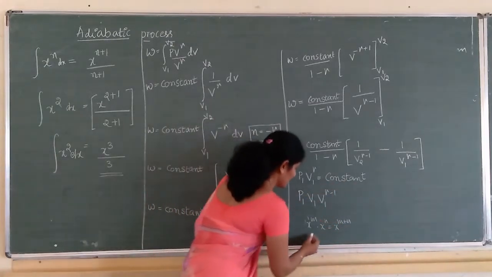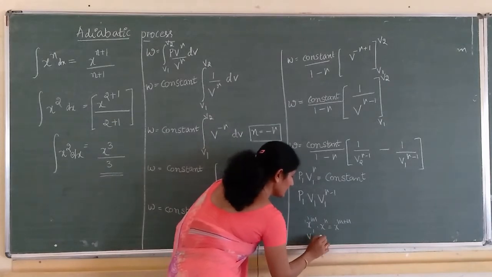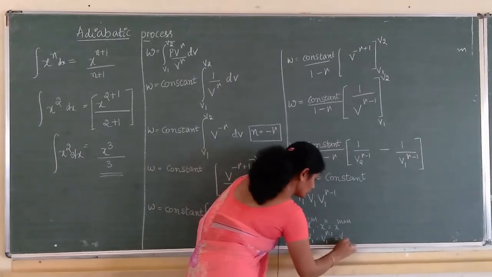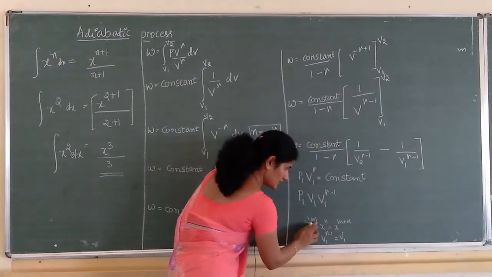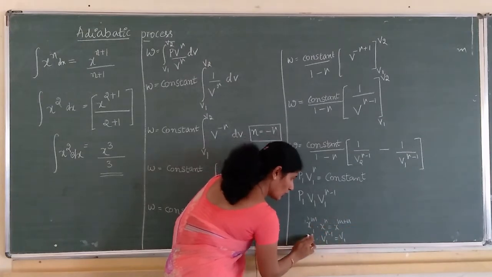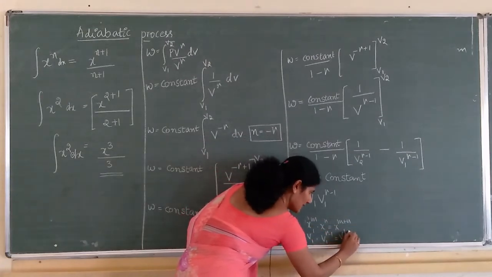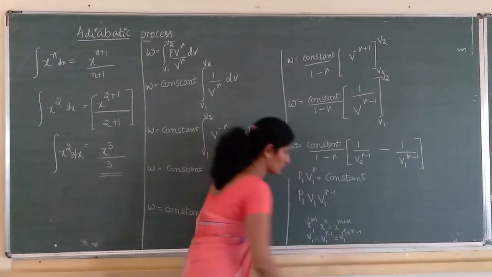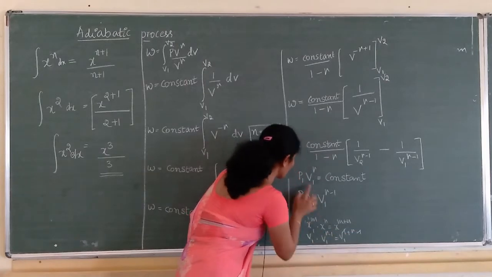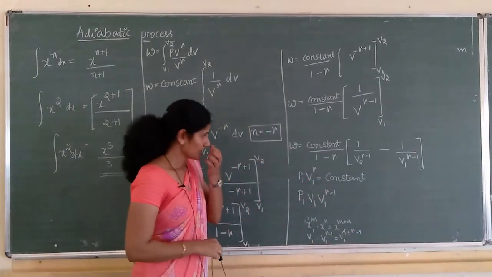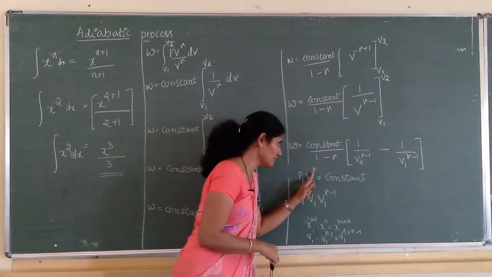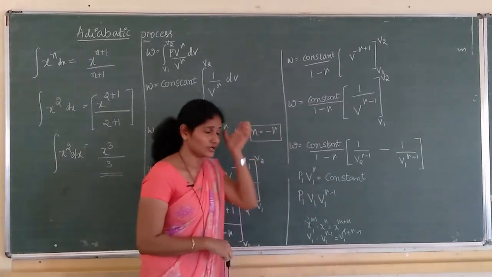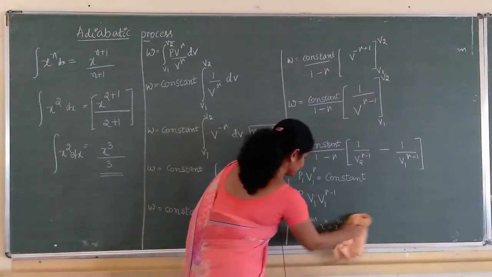Similarly, v1 to the power 1 into v1 to the power gamma minus 1 is v1 to the power 1 plus gamma minus 1; plus 1 minus 1 cancels, so we get v1 to the power gamma, same. So p1 v1 to the power gamma can also be written as p1 v1 into v1 to the power gamma minus 1, which is equal to constant.